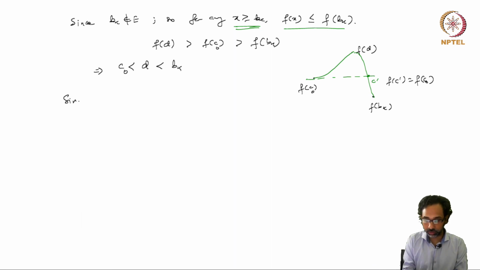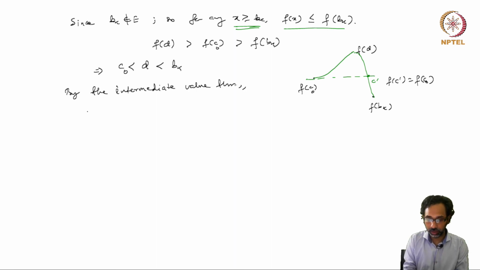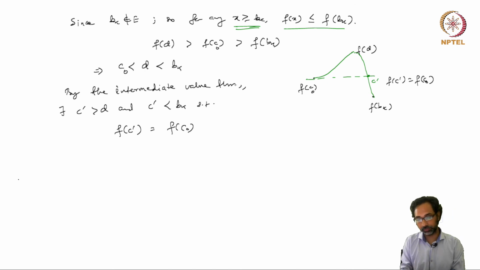So since f(d) is greater, I can just write similarly: by the intermediate value theorem, there exists c prime greater than d and c prime less than bk, such that f(c prime) equals f(c naught).